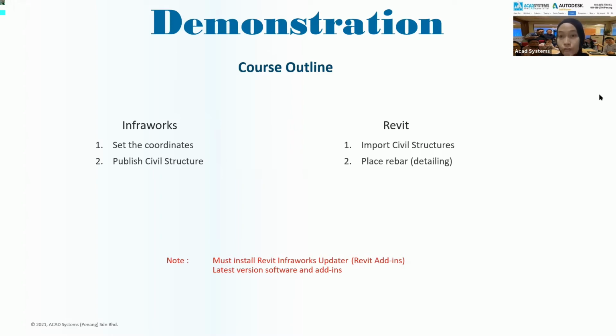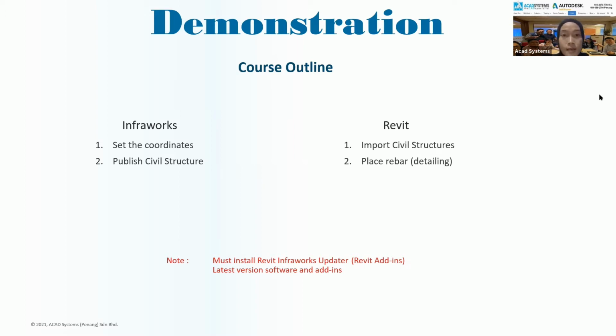For example, if you are using Revit version 2022.1, InfraWorks must also be 2022.1. But it is advisable to always update your software so that there will be no clash or issues when we want to export InfraWorks into Revit.